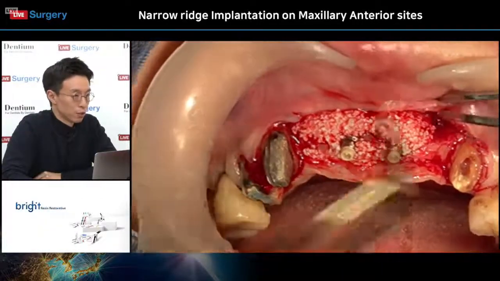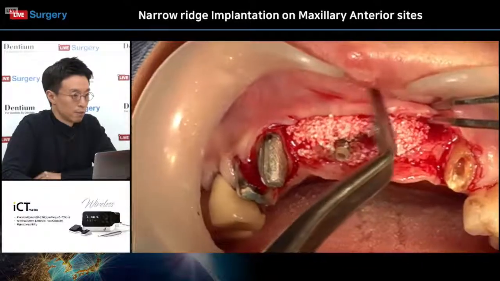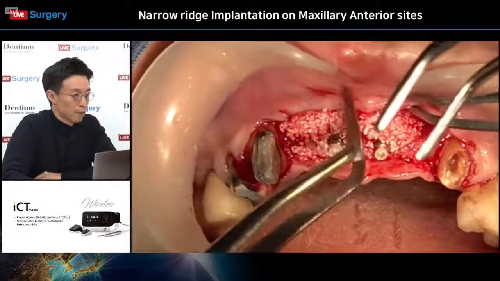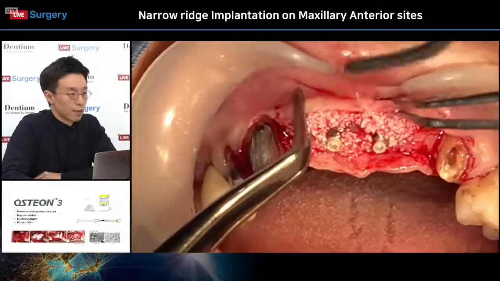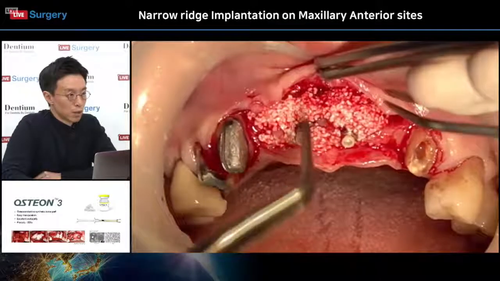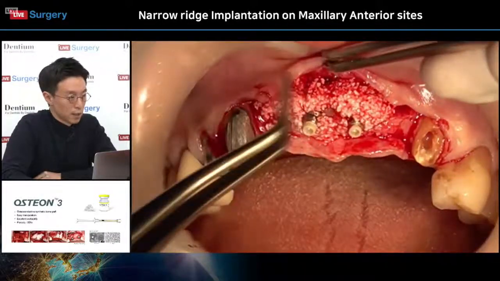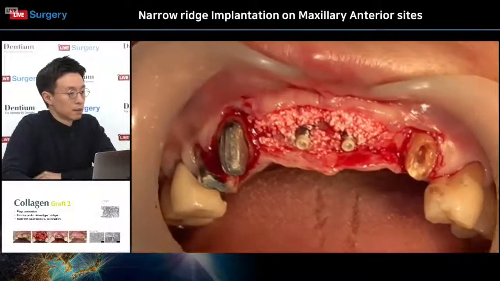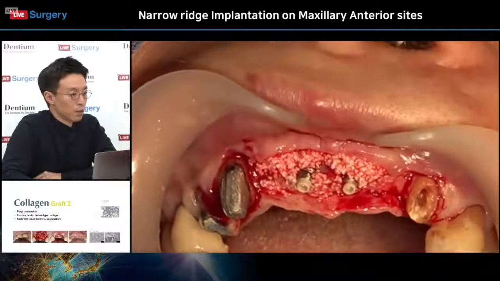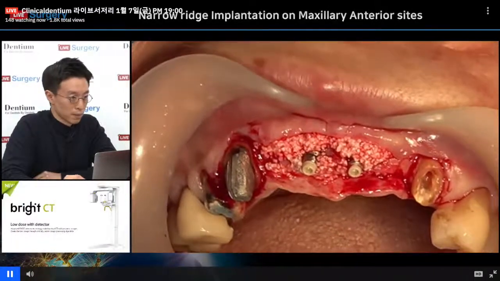We should also check the palatal side of the implant to identify a bone defect at an unexpected area. The bone grafting is done.